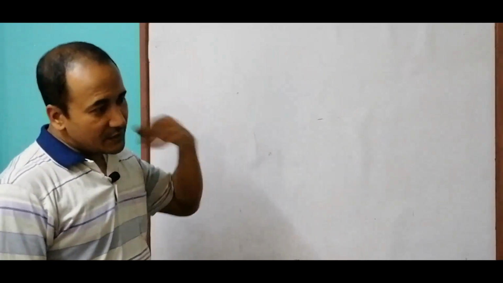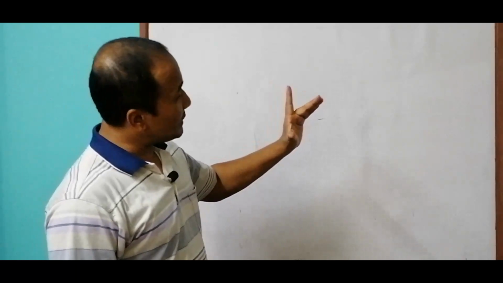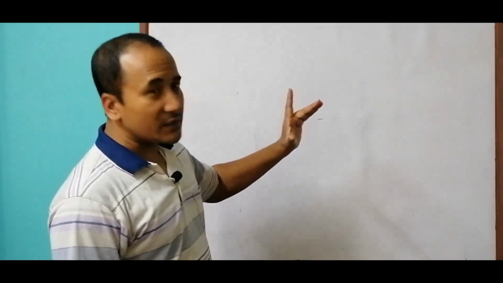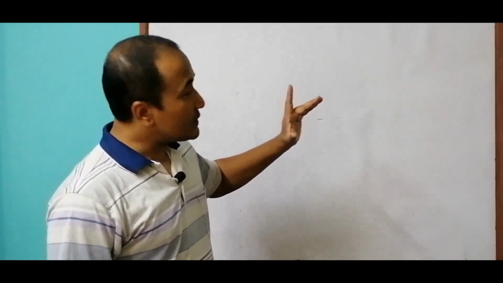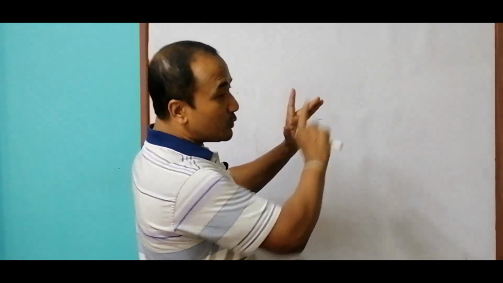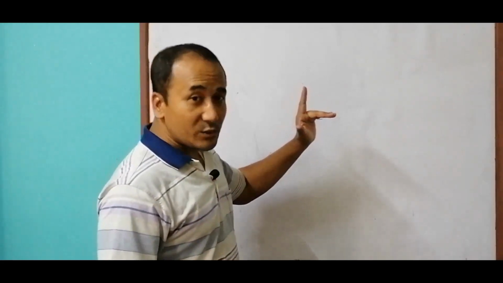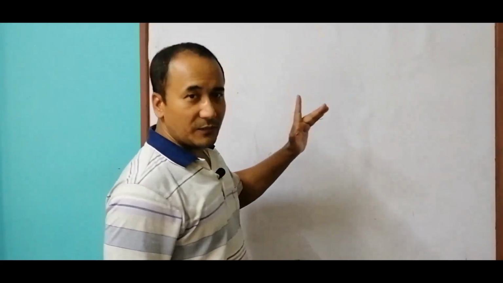But what if this is not perpendicular? If it is like this, now this thing will move in a circle, that's okay. In addition to moving in a circle, it has to move up, because here it has got some upward velocity as well. Initially it was horizontal, now it is upward as well.